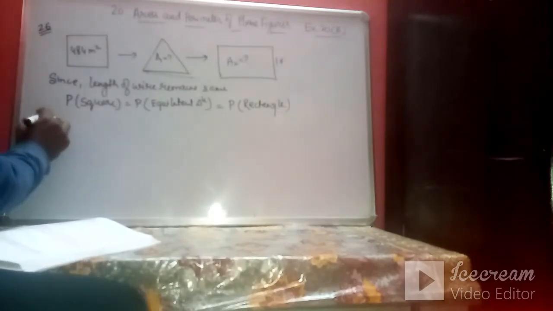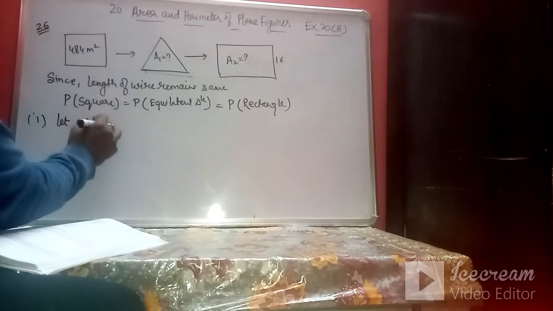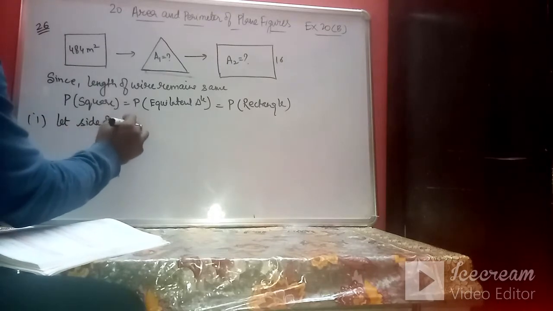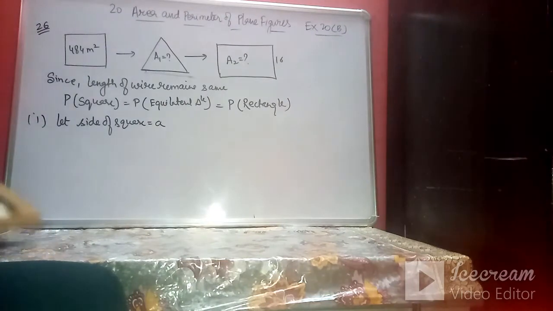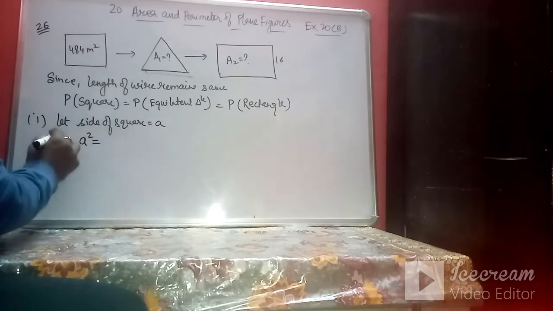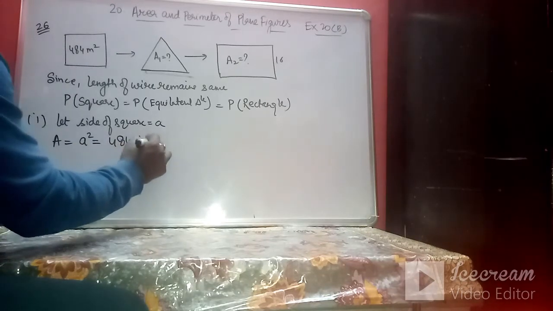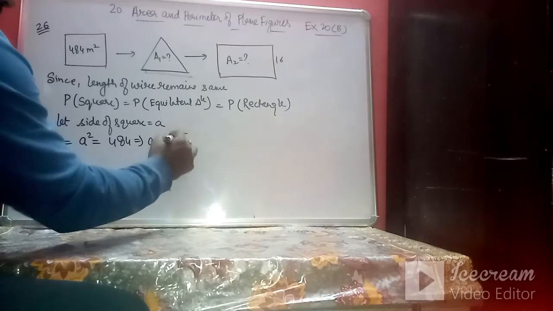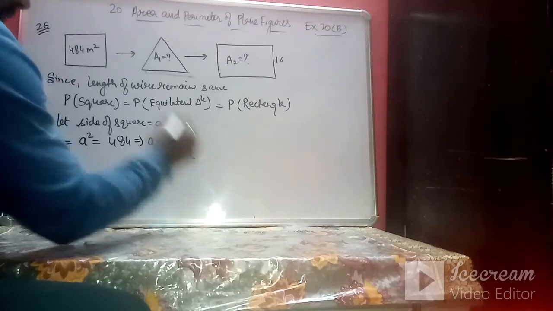So first of all, let the side of the square equal A. So A square, the area, will be 484. From here we will get A equal to square root of 484, that is 22 meters.